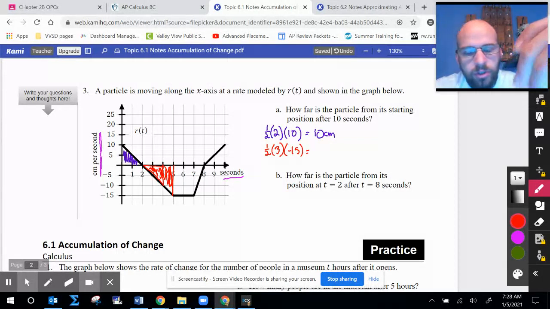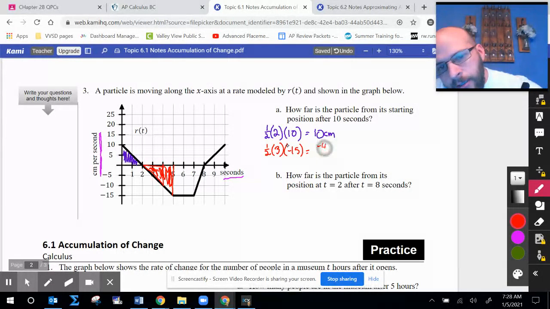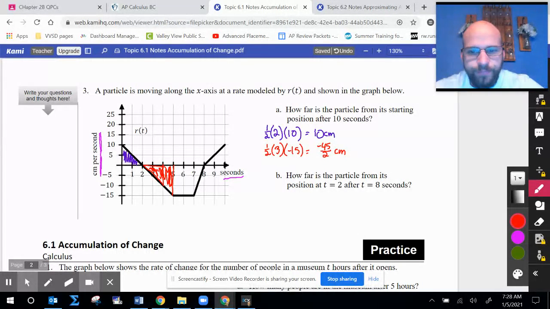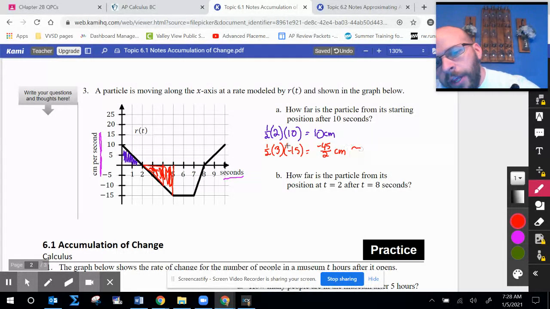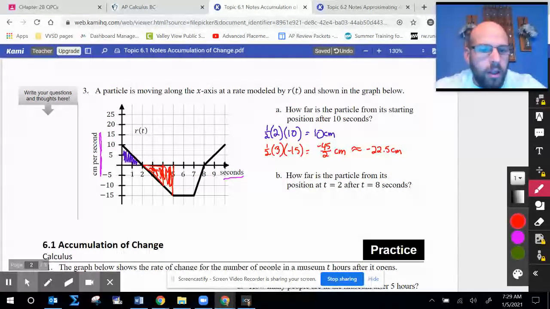If I do this, I'm going to get a negative 45 over 2 centimeters. You might call that a negative 22.5.